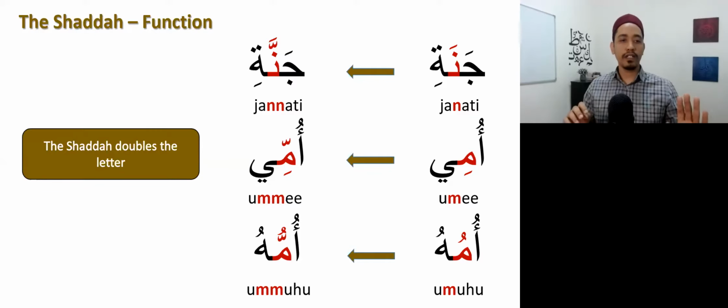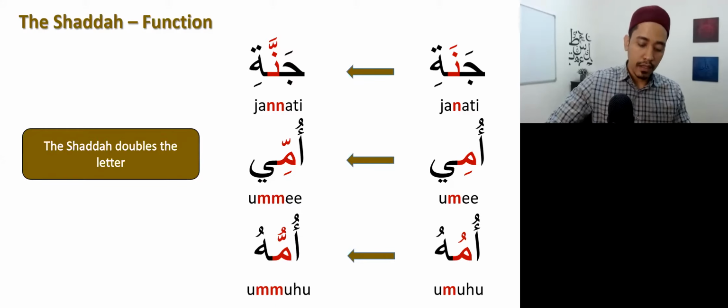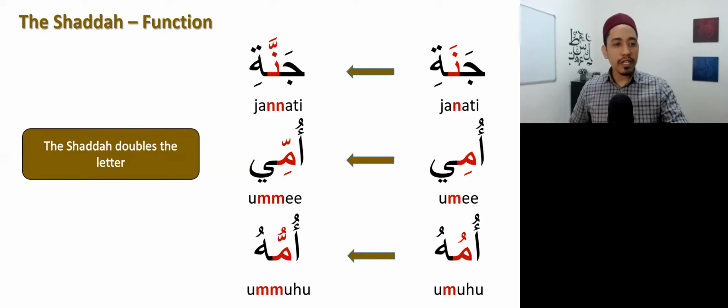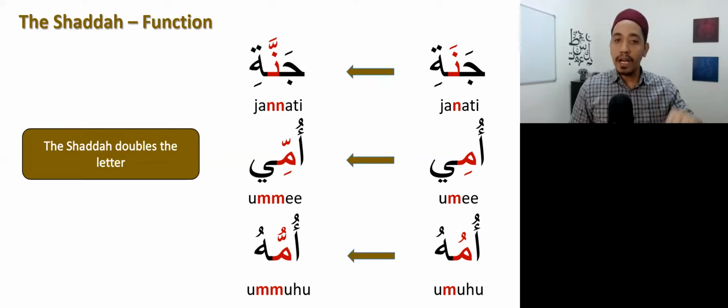Okay, perfect. Let me just type the two. Now, as you can see in those two words, the letters are doubled. There's an N that is doubled, and in the second word, also an N that is doubled.